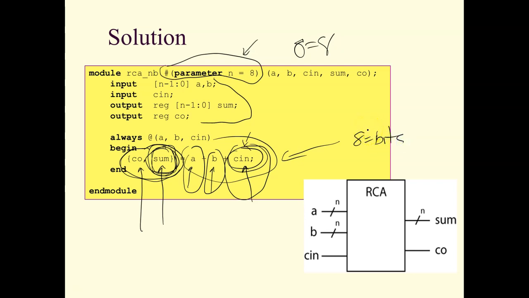That's how it gets expanded. It does the math, does the expansion, and assigns the values in this format, which means the sum is going to be the lower 8 bits, and the carryout is actually going to be the carryout generated from this expression.